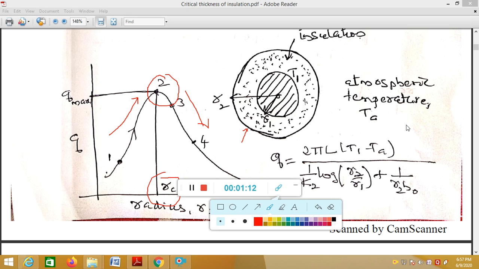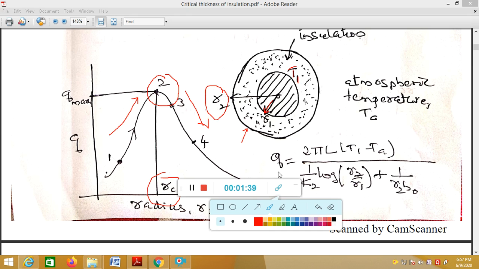Now we shall consider the heat loss from an electrical cable wire having radius R1 and outer surface temperature T1. Then it is insulated with insulating material, R2 being the outer radius of insulation.